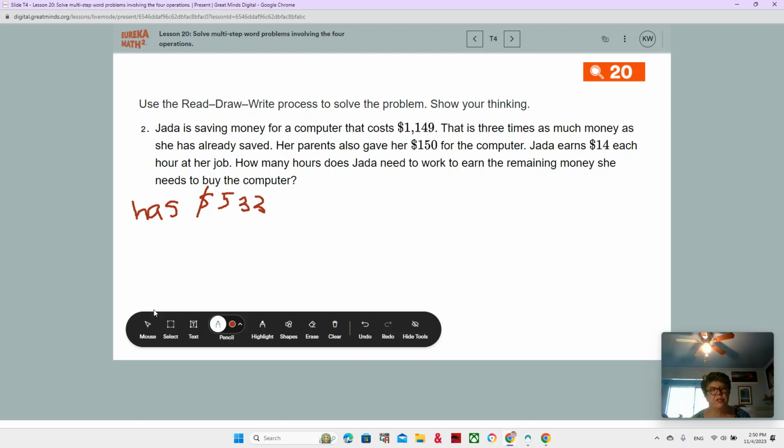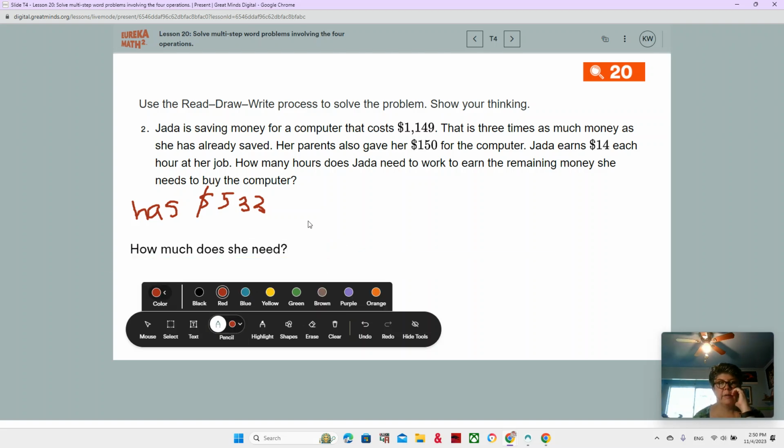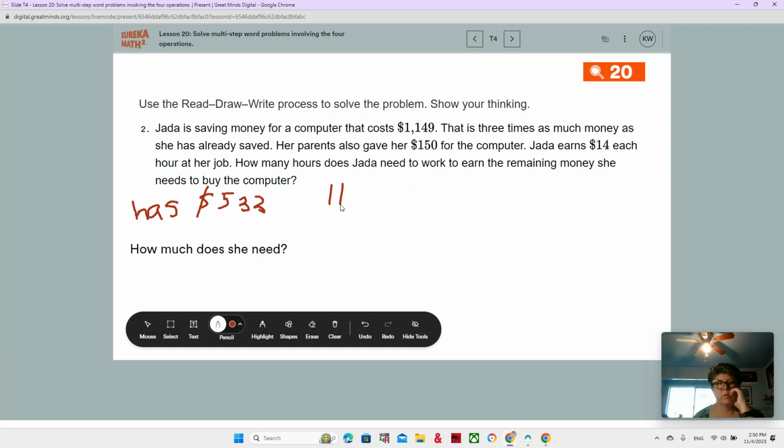And how much more does she need? How can we find out how much she needs? That would be a subtraction problem, right? That would be 1,149 minus 533.